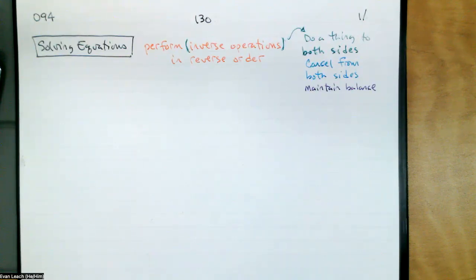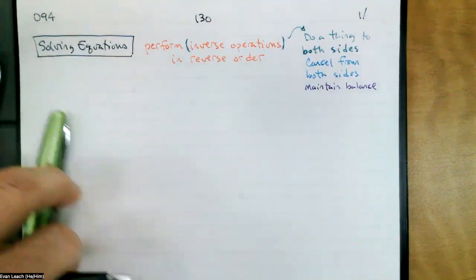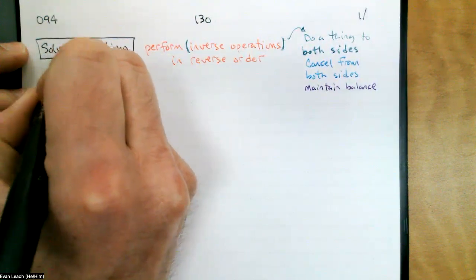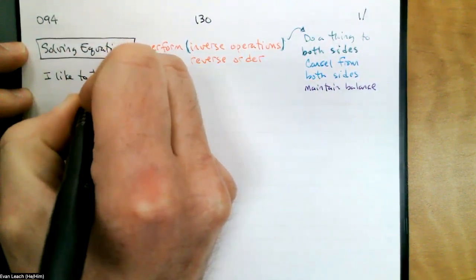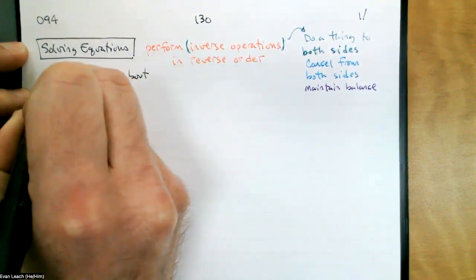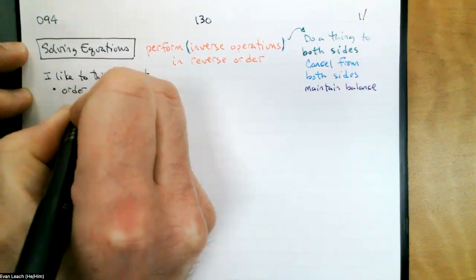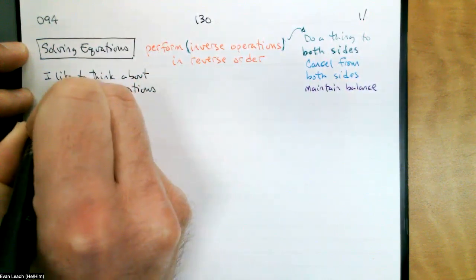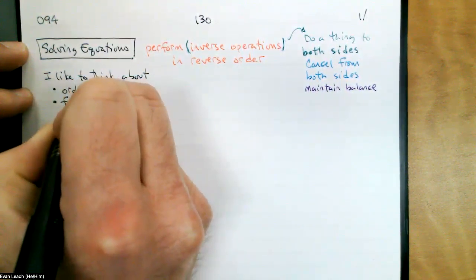I want to phrase it in this way, inverse operations in reverse order, because I want to be able to read the order of operations and I want to think of things in terms of function and inverse function. That's my reason for going with this inverse operations. I like to think about order of operations, and I like to think about function and inverse function.